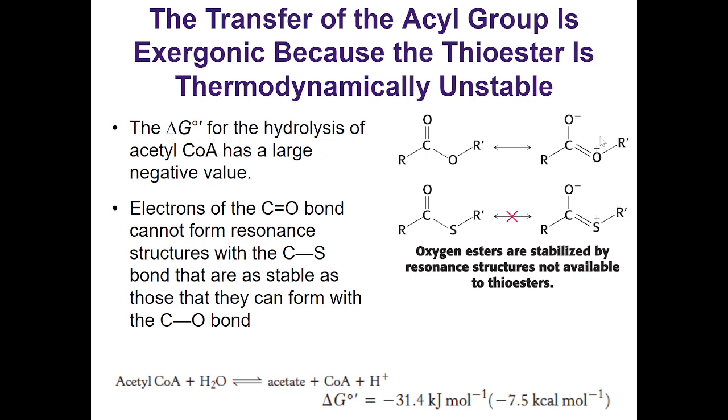We can form a resonance structure, can't we? And this can actually share those charges, and it makes this more stable. Okay? This right here, when we have the oxygen ester, it's more stable because of that resonance charge. But the thioesters, on the other hand, they can't do that. And that's because this is unstable.